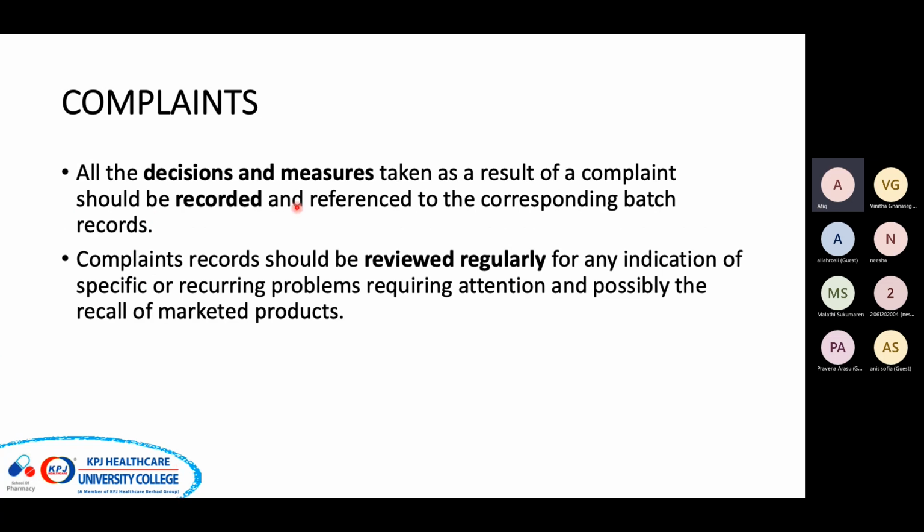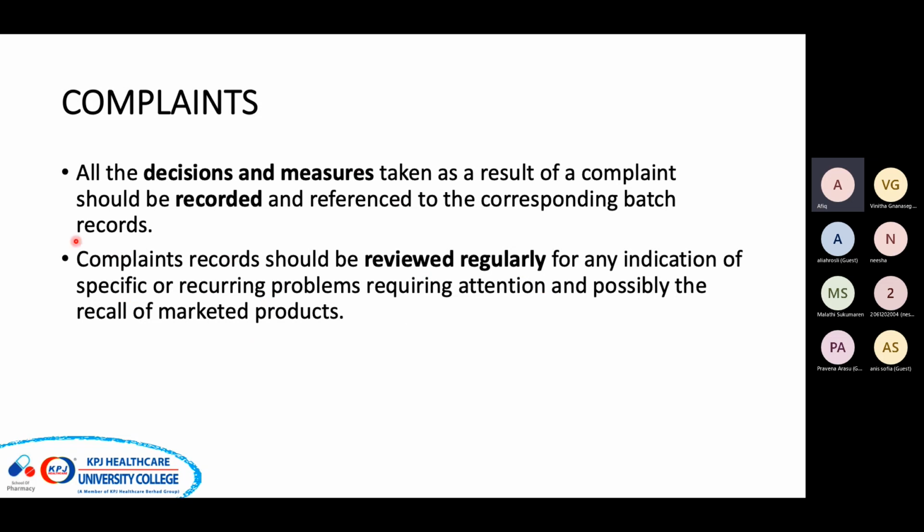So all the decisions and measures taken as a result of complaint should be recorded and reference to the corresponding batch record. And the complaints record must be reviewed regularly for any indication of specific or recurring problems requiring attention, and also possibly the recall of marketed products.